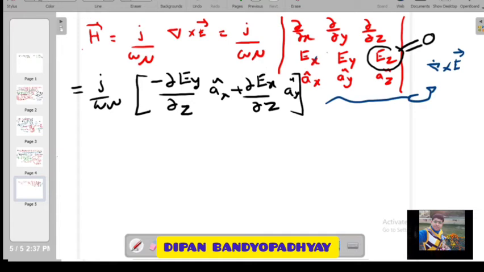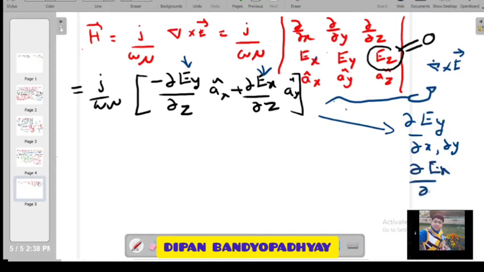Note, there is no vector sign here and here because I have written the components only, and the unit vector is already there. So these are not vectors. Ey and Ex are just components and scalar quantities. Wherever you find terms like del Ex by del x or del y, all these terms will be 0 because the components are not varying with respect to x or y.